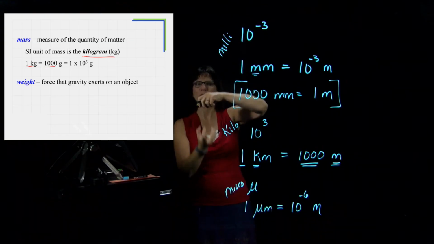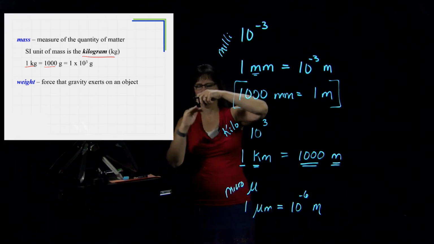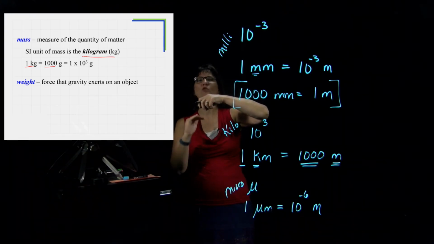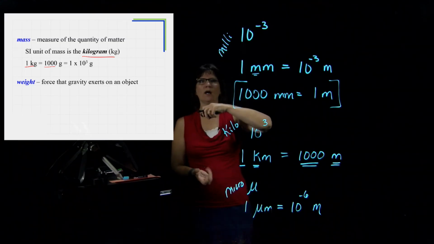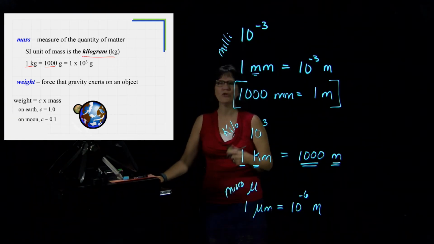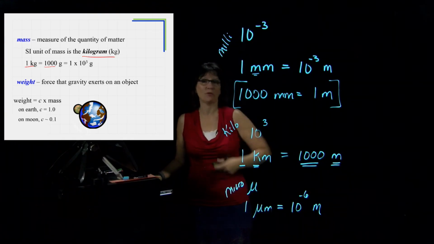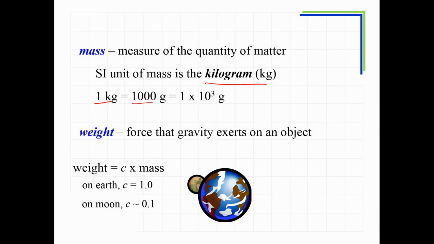So you have a spring and you're pulling down on that spring, and a little lever will go up and down and tell you how much weight it has. And gravity will pull harder depending upon where you are. Now what we do is we define the relationship between these two with a constant, and this constant is defined as a 1 here on planet Earth, okay?